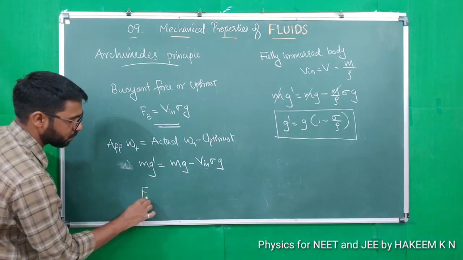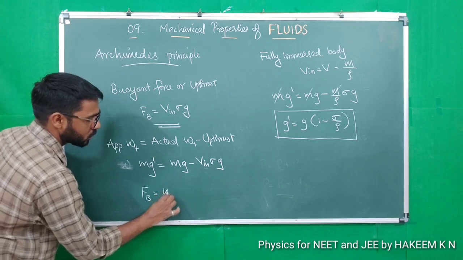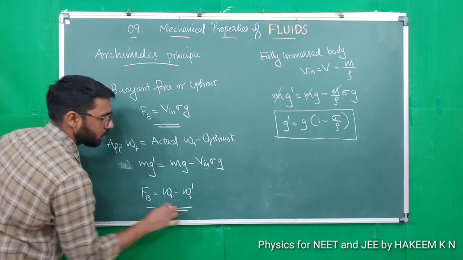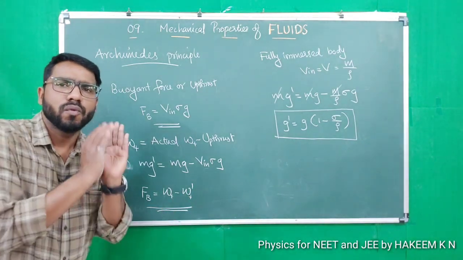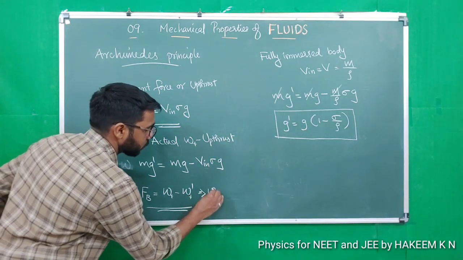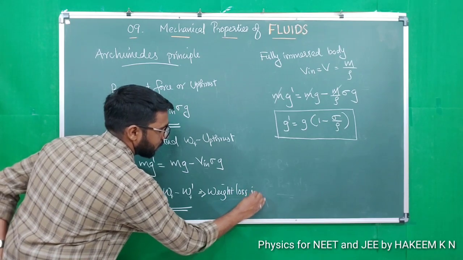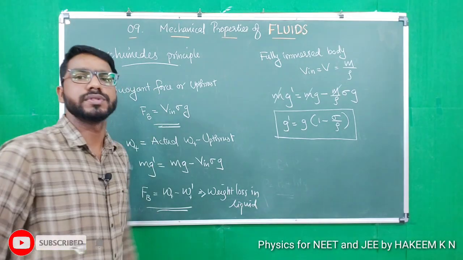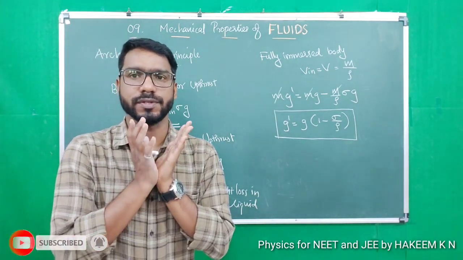So FB, upthrust, equals weight minus weight dash. Weight loss in liquid is denoted using upthrust or buoyant force.